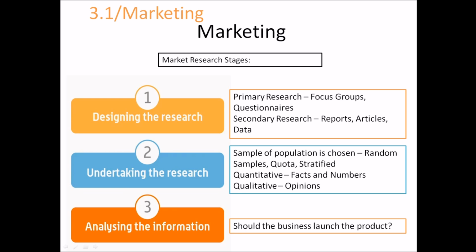One is random samples, when you just pick random people. Quota is getting more of a fixed group of people. Stratified could be getting samples of people of different ages, for example, just using people of a certain age. That's what stratified is.